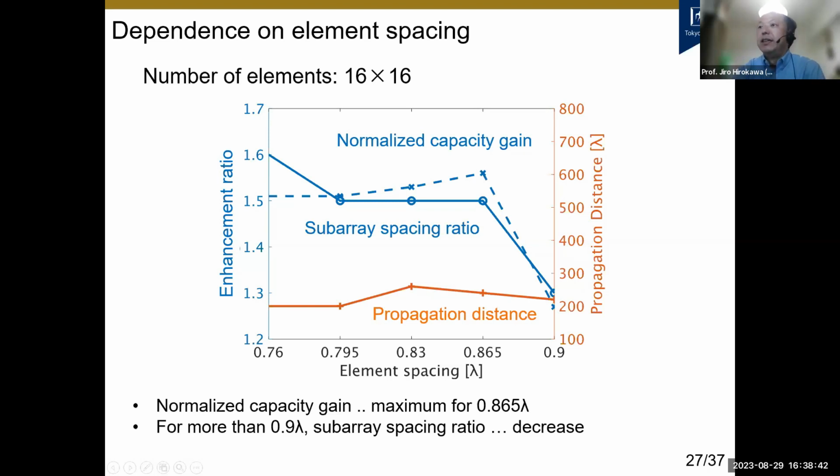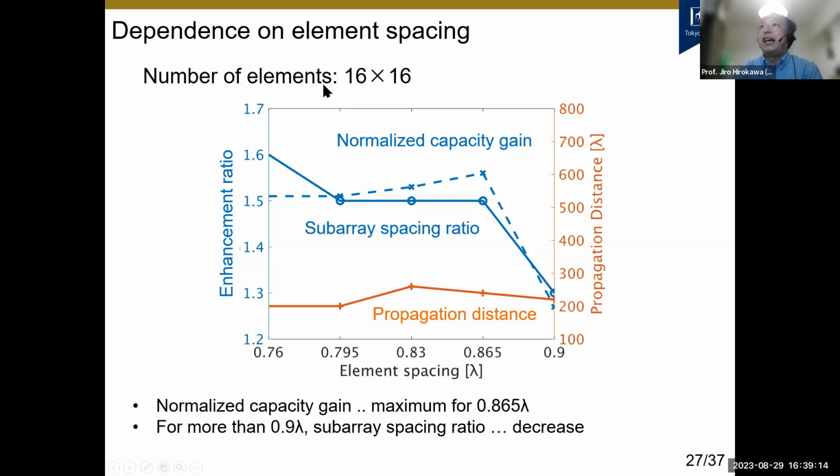The normalized capacity gain is maximized when the element spacing is 0.865 wavelengths here. In this case, the subarray spacing ratio value is about 1.5, and the propagation distance is about 200 wavelengths.